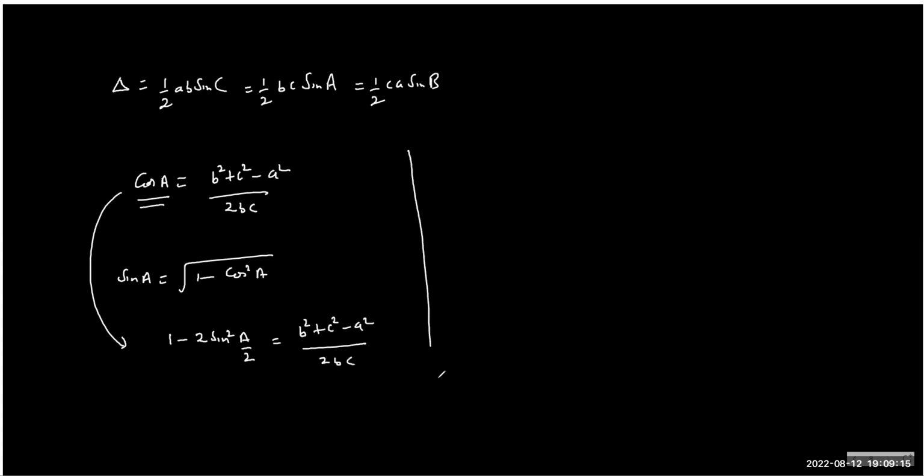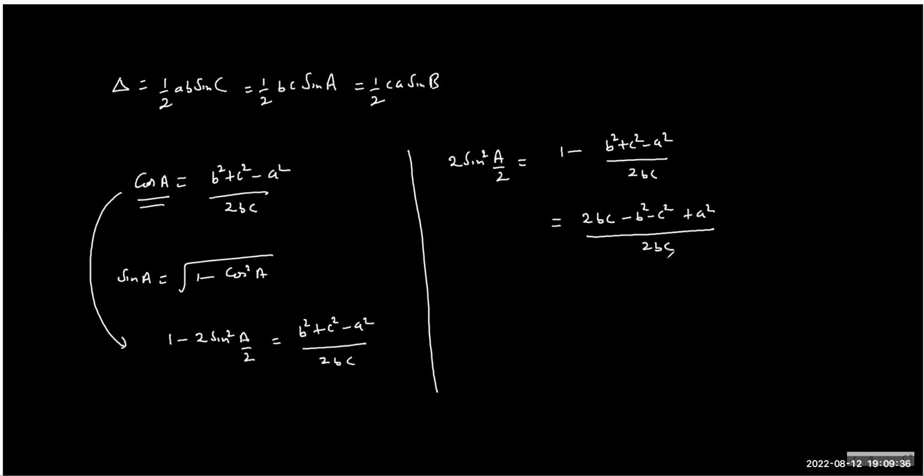And therefore, I can derive the formula for 2 sine square (A by 2). And this turns out to be 1 minus (B square plus C square minus A square) by 2BC. So this is (2BC minus B square minus C square plus A square). Can we write this as A square minus (B square plus C square minus 2BC)?